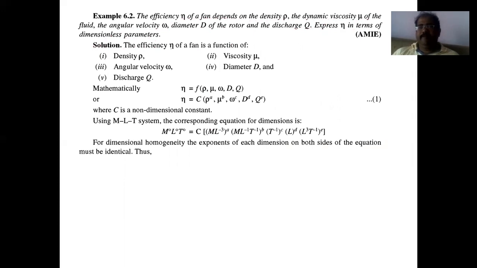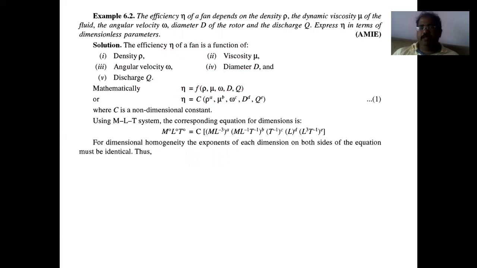So efficiency eta of a fan is a function of rho, mu, omega, d, and Q. We write the basic equation: eta is a function of rho, mu, omega, d, and Q.